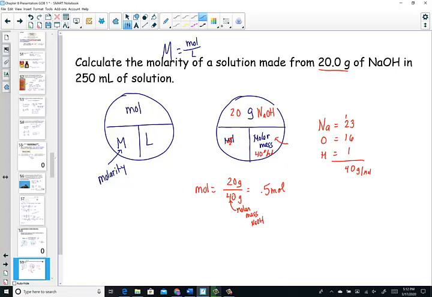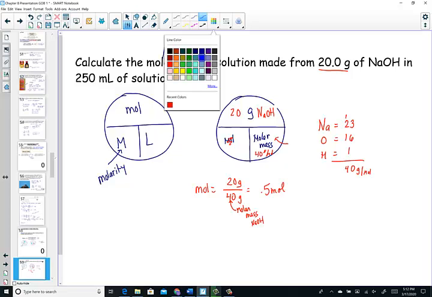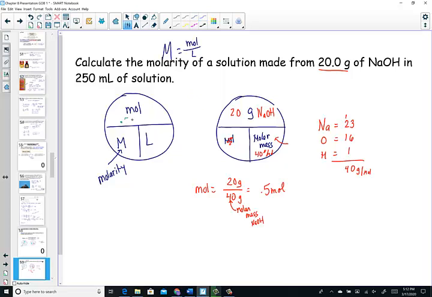So now that I know that this is 0.5 moles, I can have 0.5 moles brought over into this area. That's what I just solved for, 0.5. And the volume of 250 mils has to be converted into a liter. And that's just reminding yourself you slide the decimal 3 spots to the left. So 0.25 liters goes into that spot of your round little buddy.